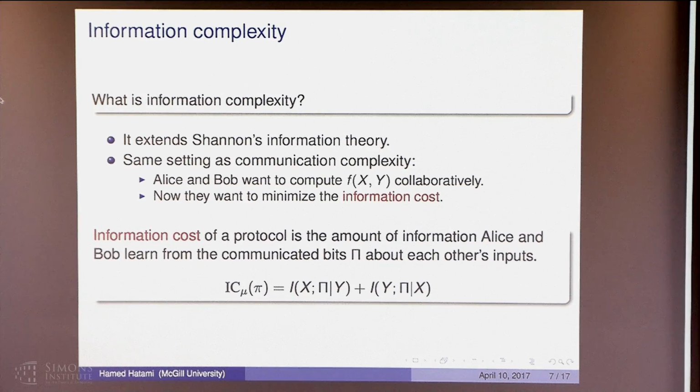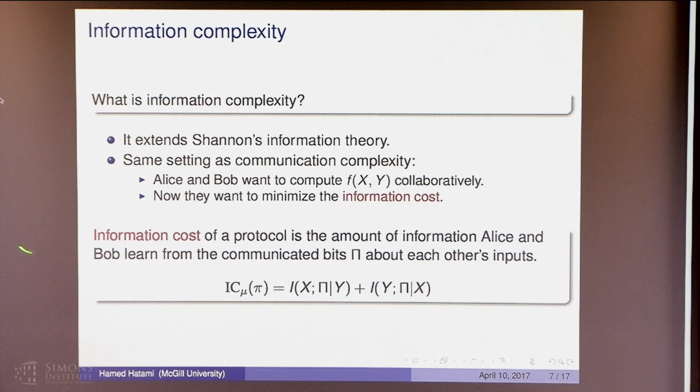The exact definition is here, but it really doesn't matter for this talk. You can completely ignore it. So the information cost of a protocol is really how much Alice learns about Bob's input plus how much Bob learns about Alice's input from the communication, measured by this mutual information formula, this sum.